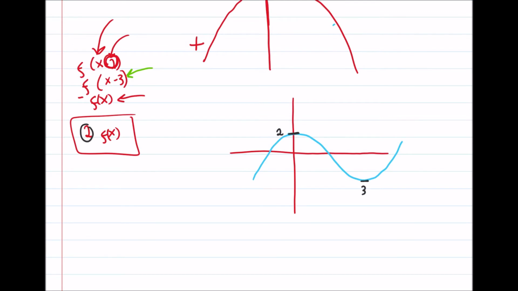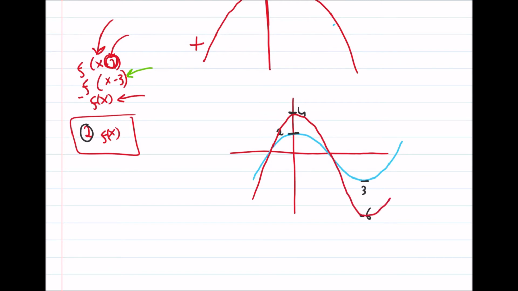If I put a 2 in front of it, what will happen is this will double. So it'll go up to 4, and this will go down to 6.